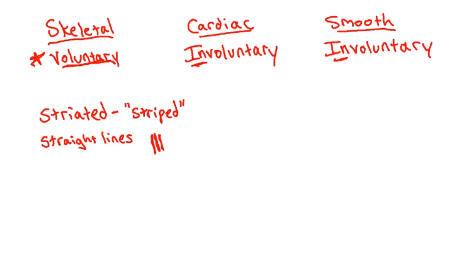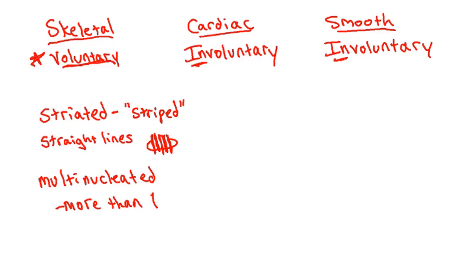They're a bundle of lines put together, very organized and very straight. They're also multinucleated. And all that means is that there is more than one nucleus in a cell.